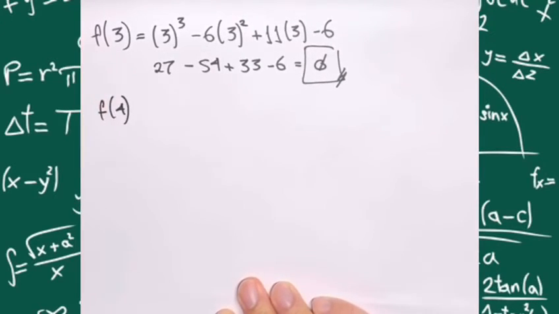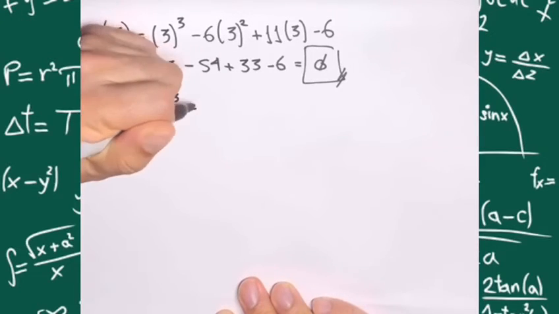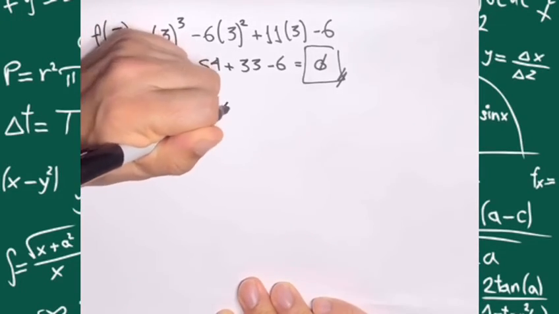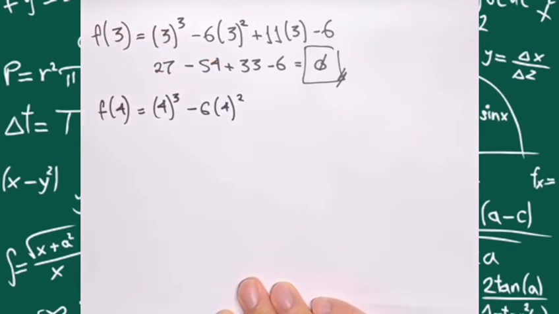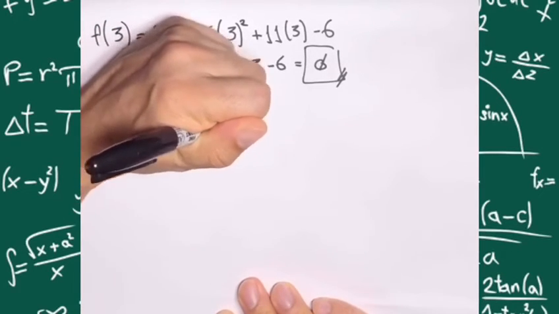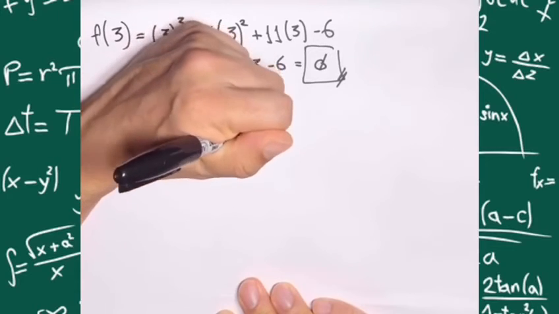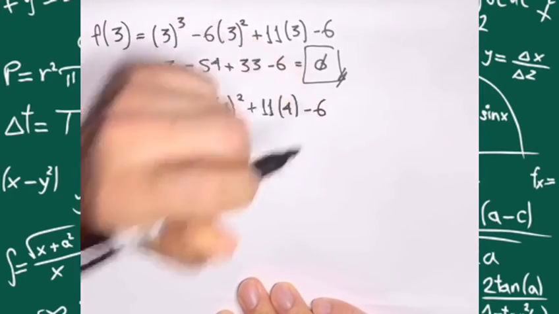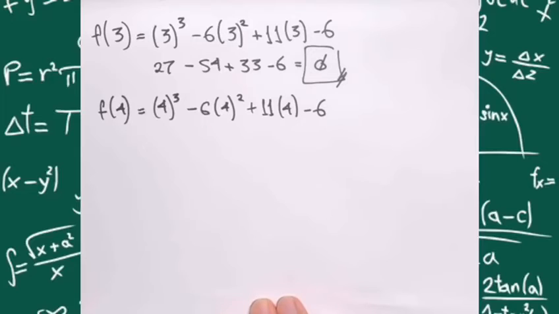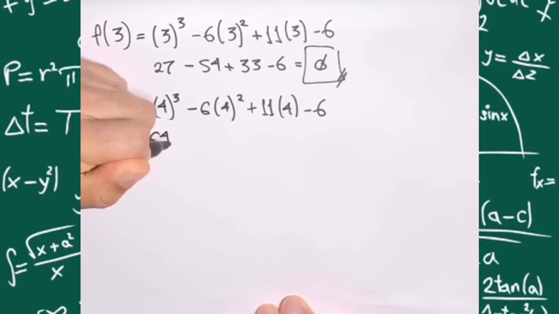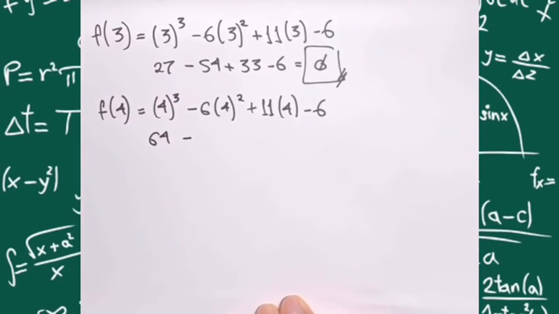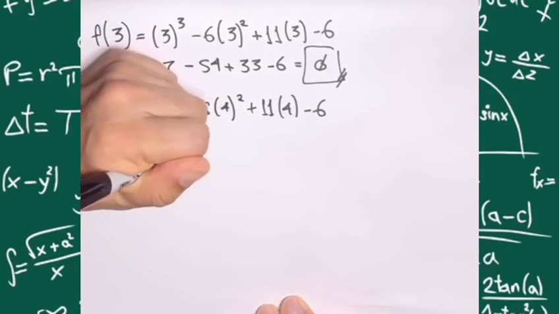There you go. F of 4, last one, is going to be same thing. Just get in the groove. Okay, memorize these things, just doing them over and over again. Okay, practice with them. 4 cubed is going to be 64. 4 squared is going to be 16, and so forth. Okay, so the whole thing is going to be 4 cubed minus 6 times 4 squared plus 11 times 4 minus 6. 4 cubed is 64, minus 6 times 4 squared, which is 16.